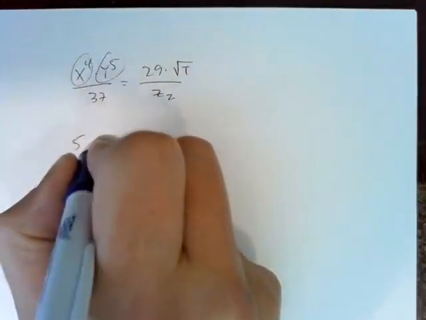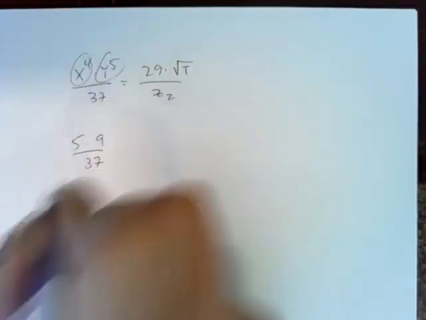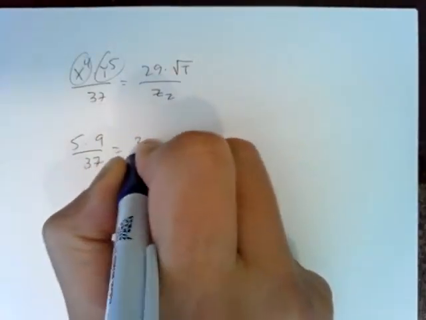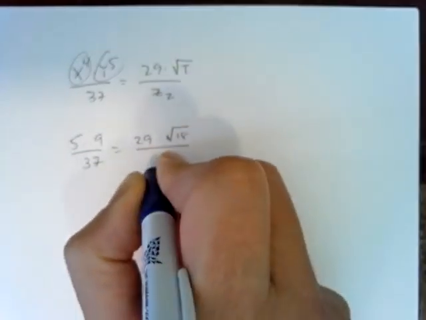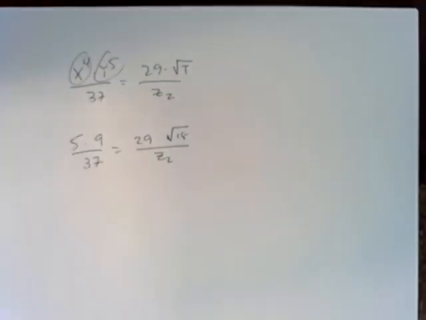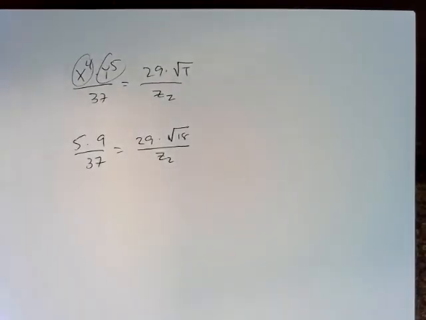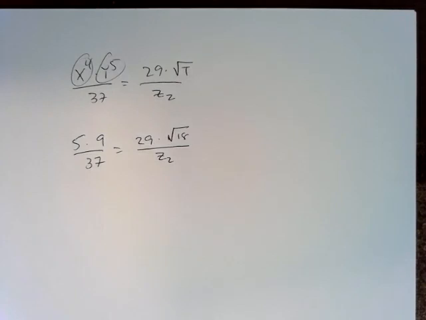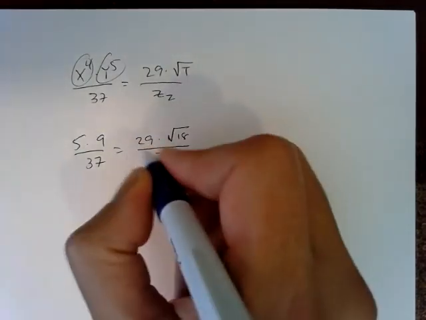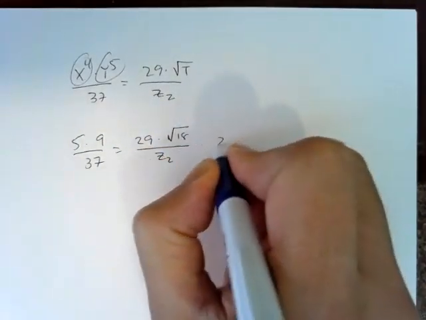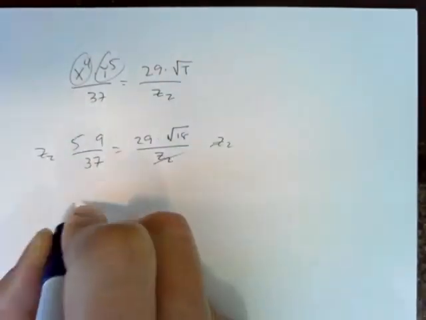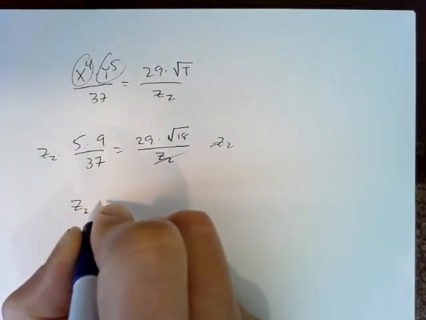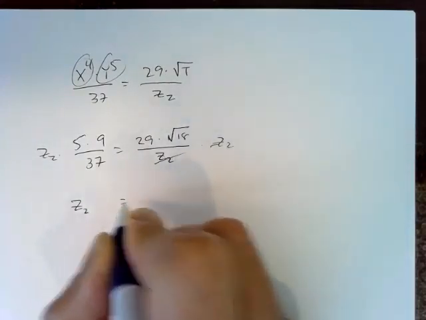So I'm just going to say this is 5 times 9 over 37, and this is equal to 29 times the square root of 18 over Z2. And how would I handle that if I were asked to solve just algebraically for Z2? Well, I'd do exactly the same thing. I would multiply this side by Z2 and multiply that side by Z2. So we'd have Z2, and then we would multiply.